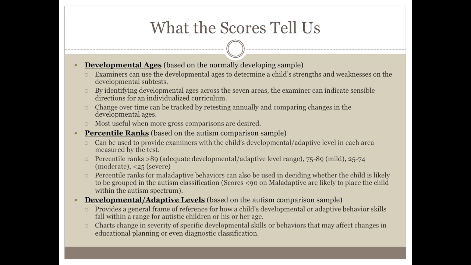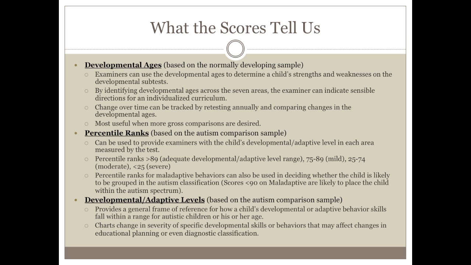The other types of scores that the PEP 3 provides are the percentile ranks, and these percentile ranks are based on the autism comparison sample, and they can be used to provide examiners with the child's developmental or adaptive levels in each area measured by the test in comparison to other students with autism. These percentile ranks are organized on both the performance measure and the maladaptive behavior measure as being adequate, mild, moderate, or severe.